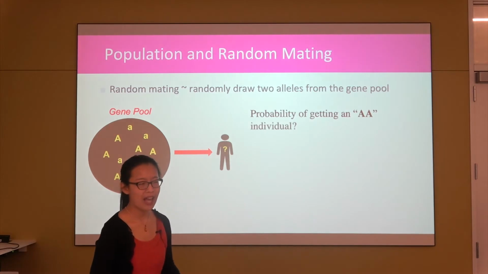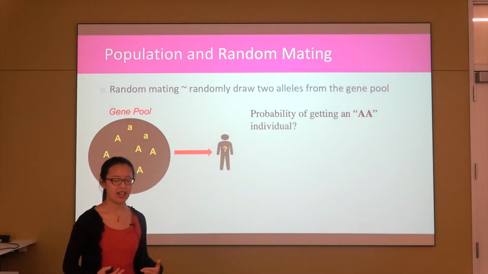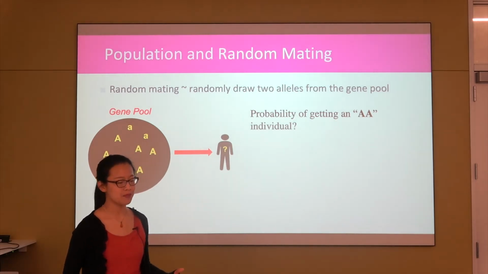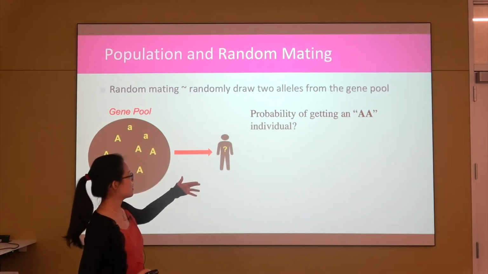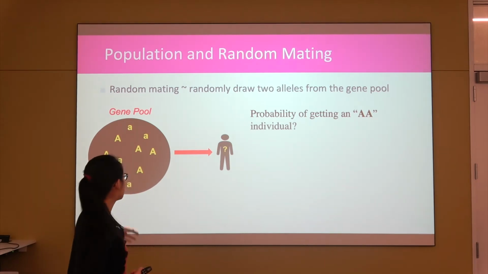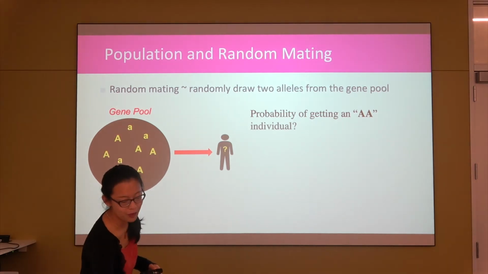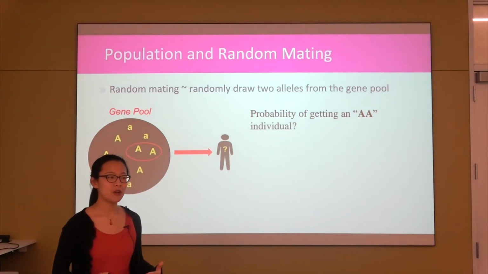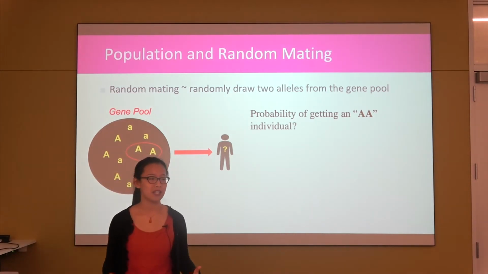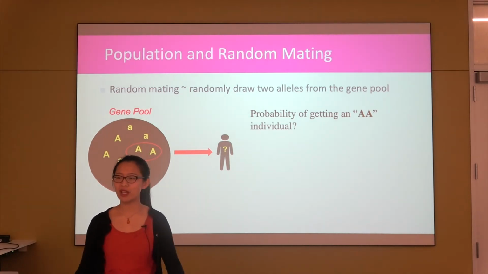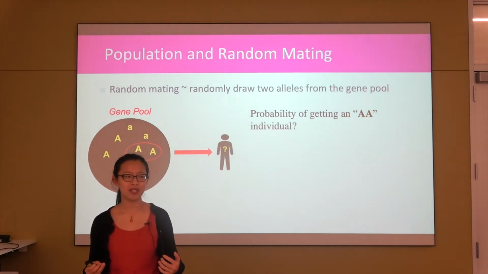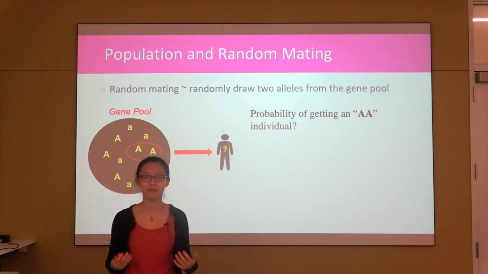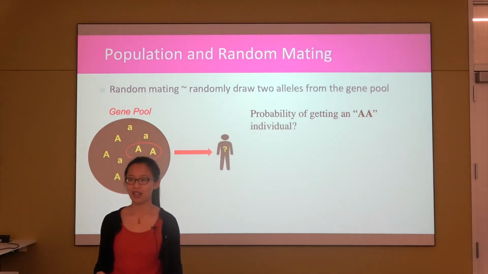So what will happen with random mating in terms of what types of genotypes they can produce? We can produce some big A big A individuals, which is essentially drawing two alleles from this gene pool, both being big A. If we know that there are a total of 60% big A's in this population, and we randomly draw two alleles, can anyone tell me the probability of both being big A?